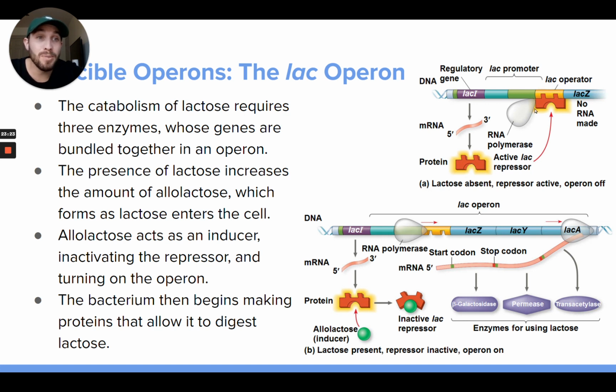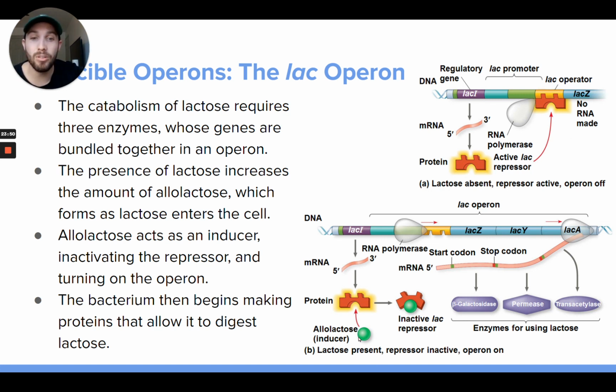However, it is possible to turn these genes on. To turn these genes on, though, you're going to have to get the repressor protein to be inactive. And that's going to require a molecule to bind to this repressor protein and cause it to change shape into an inactive shape where it can no longer do its job, allowing these genes to now turn on. And so that's exactly what's going to happen in this situation with a lac operon.